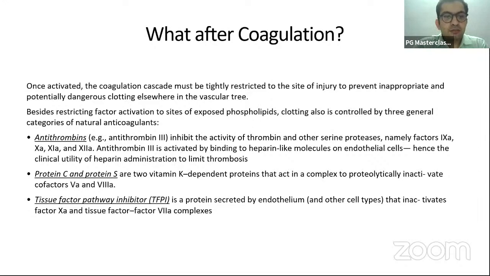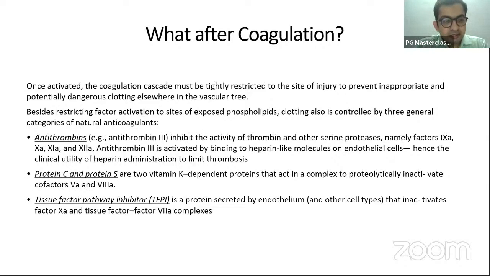Antithrombin 3 is activated by heparin-like molecules such as heparin, LMWH and fondaparinux, which does not let thrombin convert fibrinogen into fibrin, thus preventing the formation of the secondary hemostatic plug.